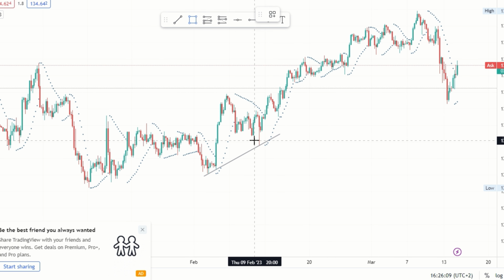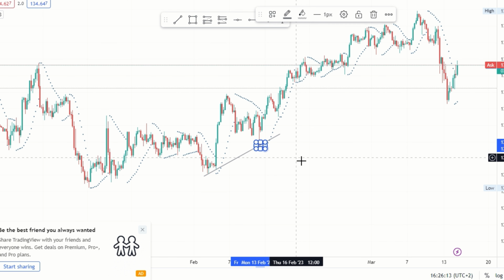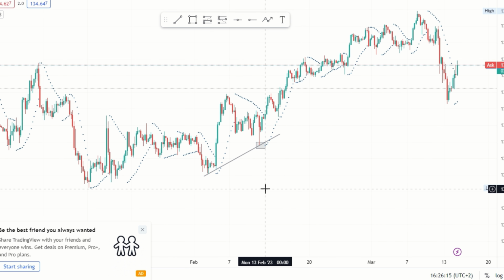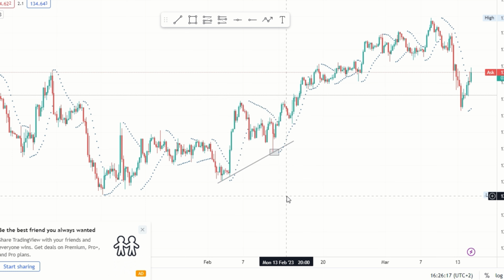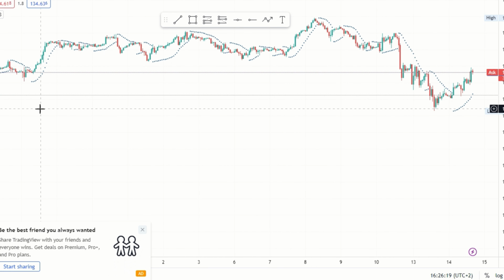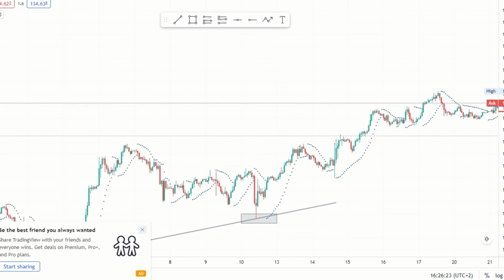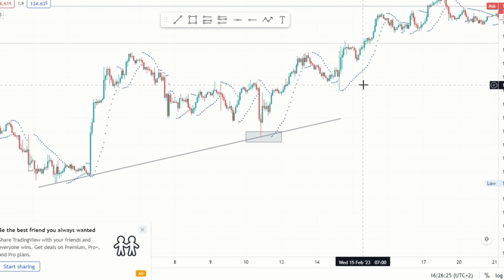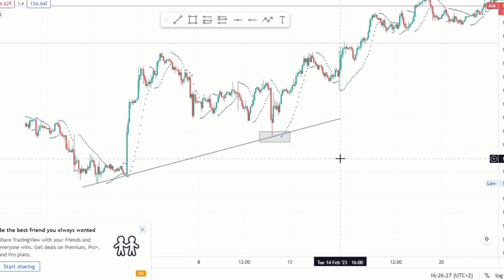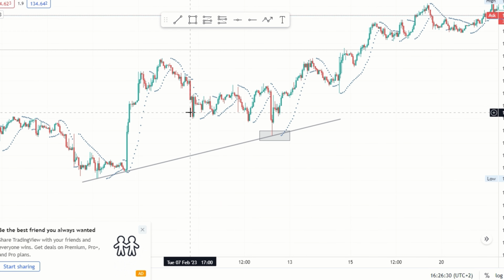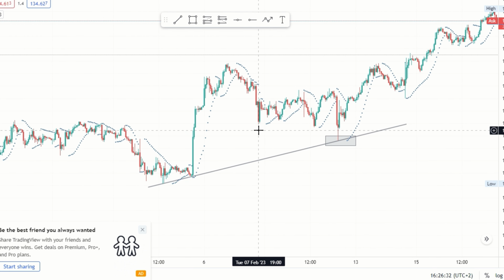So I'm going to highlight that right there so that it's easier for us to find, and then I'm going to go to my H1 time frame, which is right there. This is how it's looking.